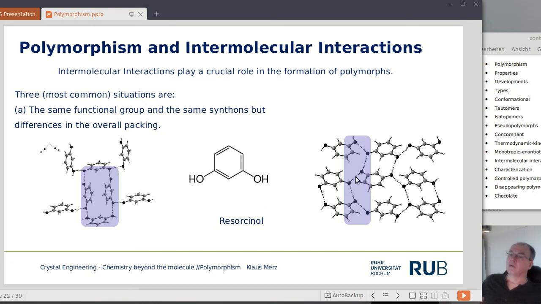In this case you have a four-membered ring of molecules, a tetrameric unit. And in this case you can say you have dimers if you want, or you can say you have a chain. You see the difference in the overall packing.